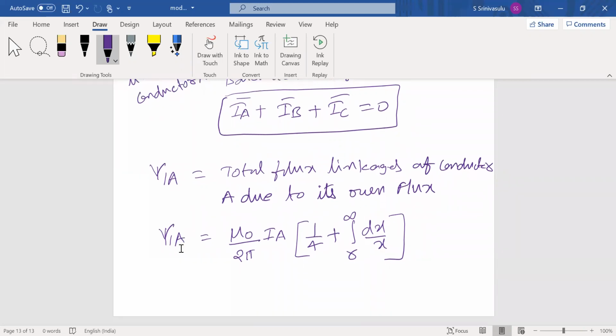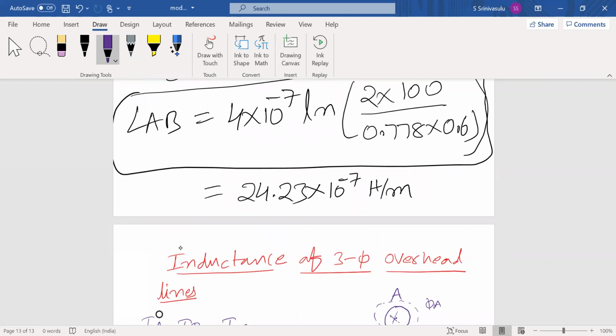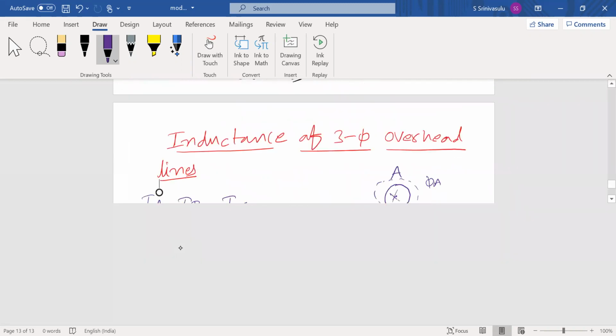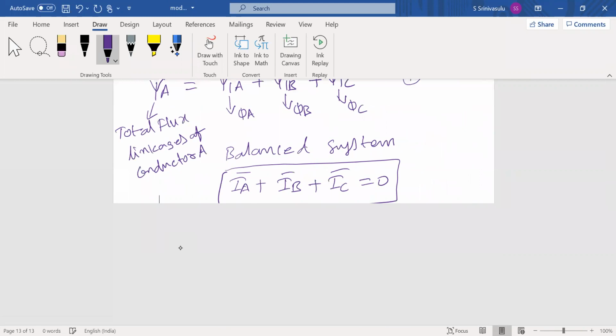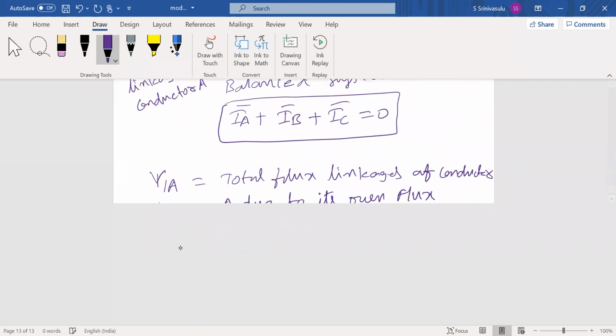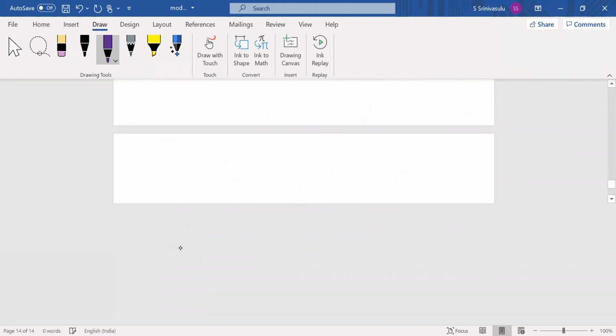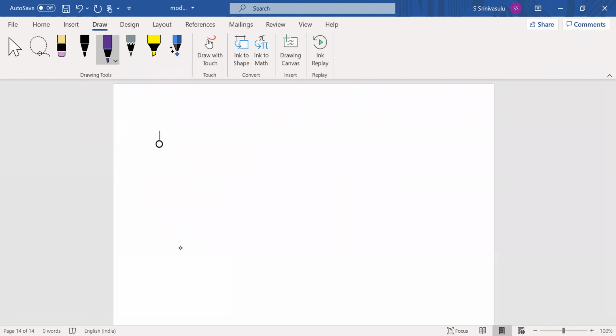Similarly, again we write psi 1B and psi 1C. Now see here what psi 1A and psi 1B are. Next I am going to write psi 1B.